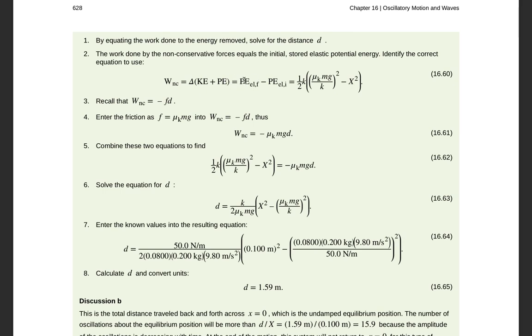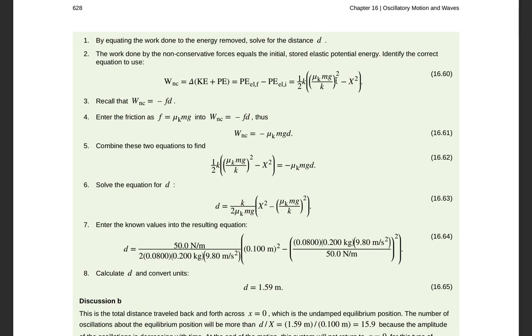But we know that we're going to have our potential energy elastic final minus our potential energy elastic initial. So this will give us 1/2 k. Remember, these are potential energies of a spring, so 1/2 k is going to be in each one of them. Where for the final, we will have mu k mg over k, which we found just now.